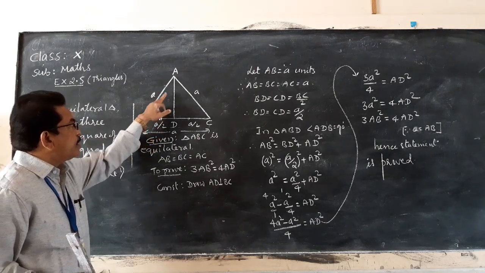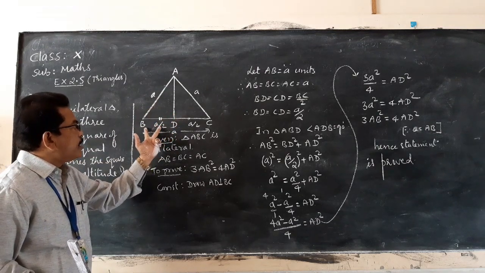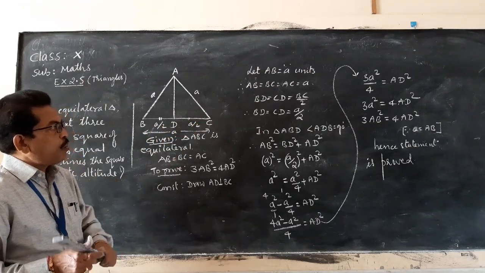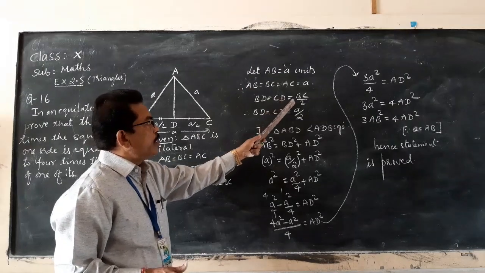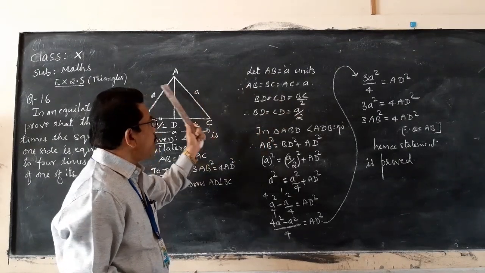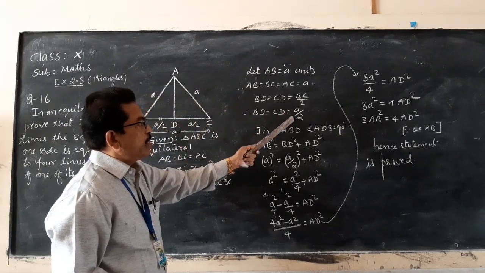The altitude divides the base into 2 equal parts, so BD is A by 2, CD is also A by 2, that is BC by 2. AD bisects the base.